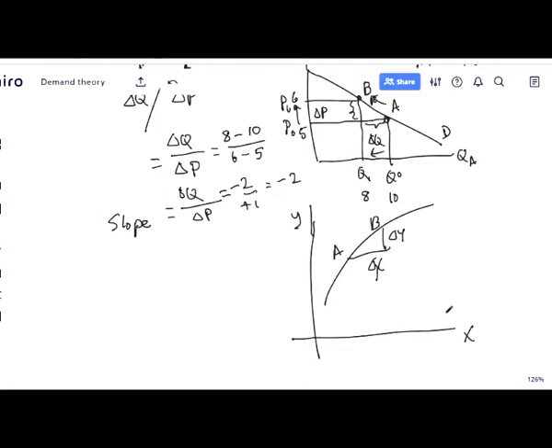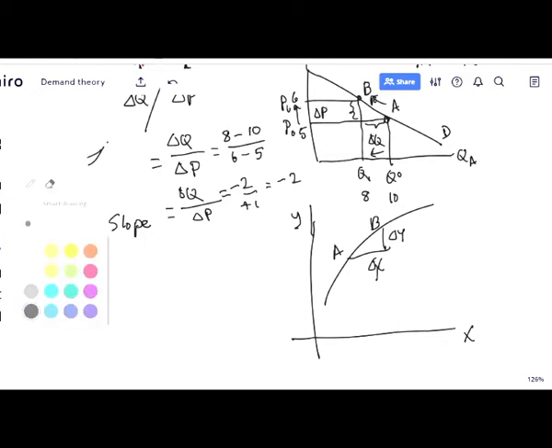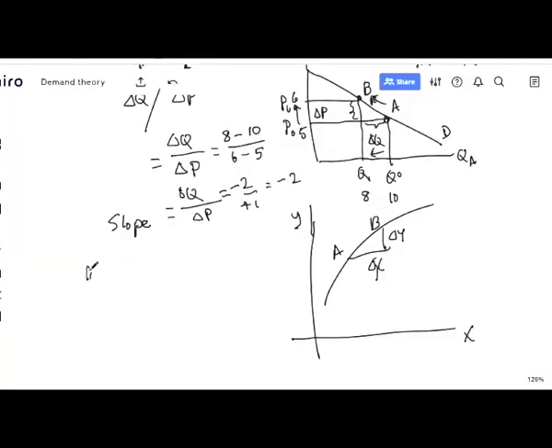So the problem is, can I make a measurement which is unit independent? Because a unit dependent measurement has a problem: I cannot compare. What is unit dependent? There may be a price per dozen, another price per kilogram.